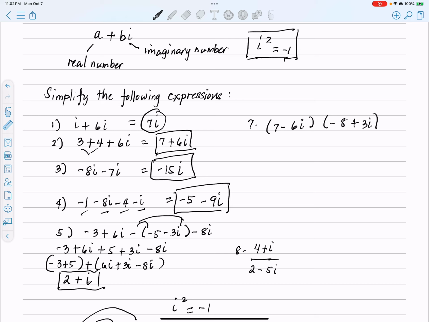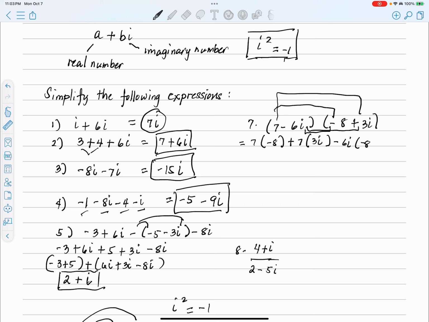So this will be 7 times negative 8, plus 7. I hope you remember: first to first, then outer, then inner, then last. So 7 times 3i, then minus 6i times negative 8, then this one right here, then this, and then this.